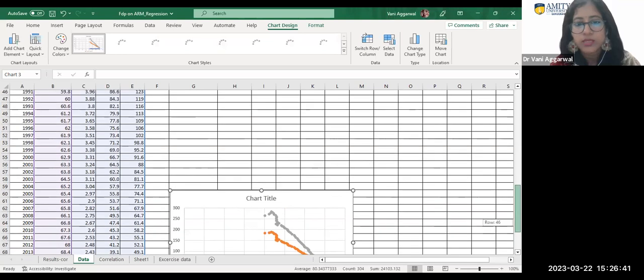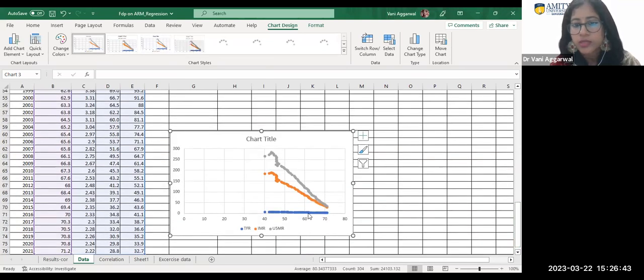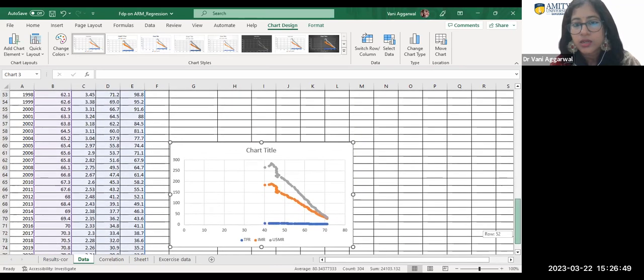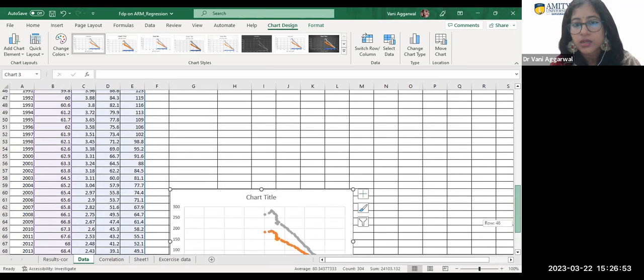For example, this TFR: there are three variables and here one is the dependent variable. They are negatively related like this. So some options it is giving.